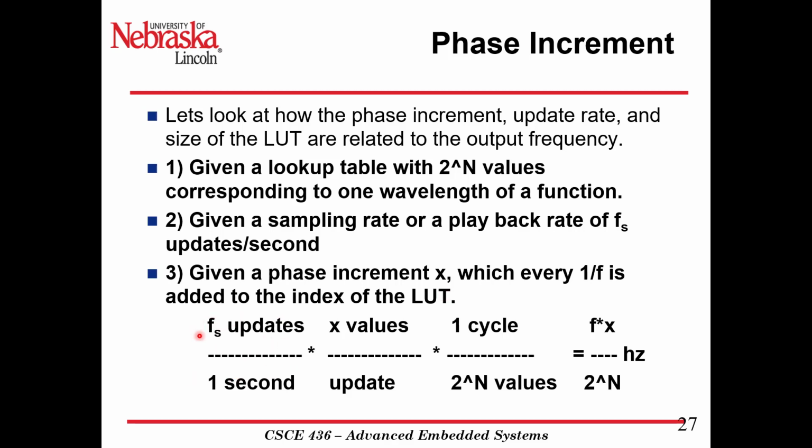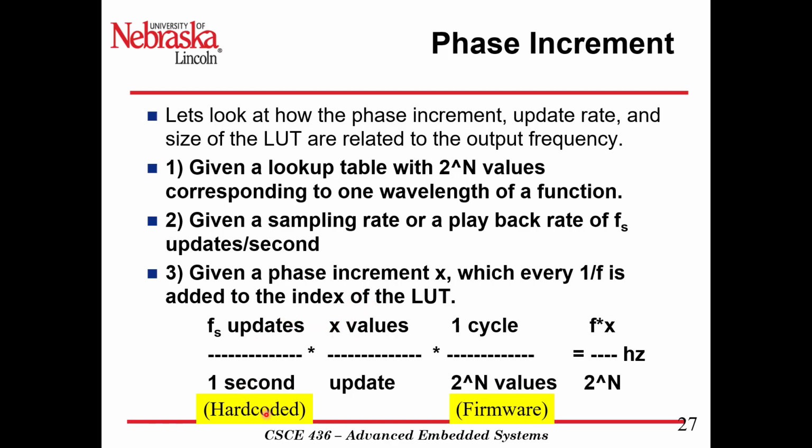So, putting it in our formula, we've got frequency, samples, that's updates per second. We have values per update, so we're going to index by so many values per update. And then we have our cycles per 2^n values. This is defined in the firmware, right? It'll be the wavelength of our function, as defined by how many values we have in our lookup table. Frequency, updates per second, that's going to be our playback rate.